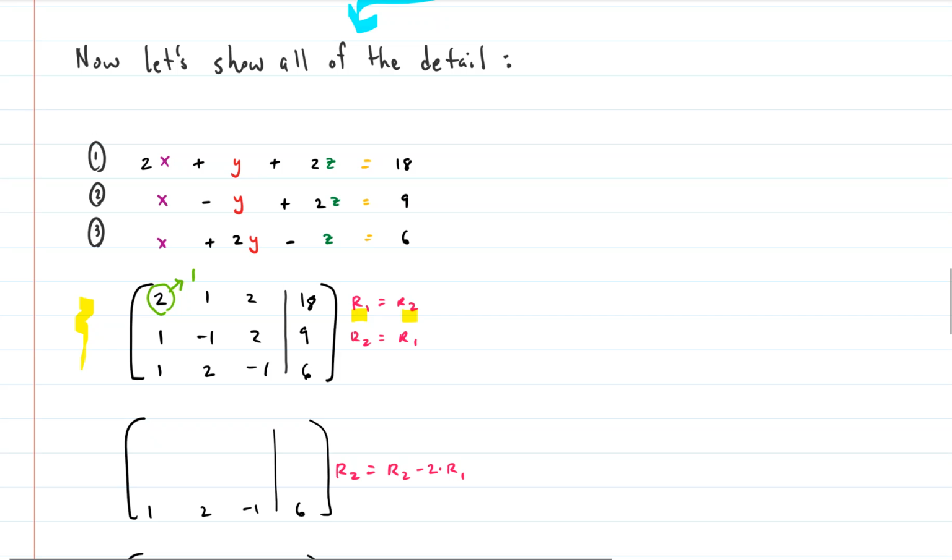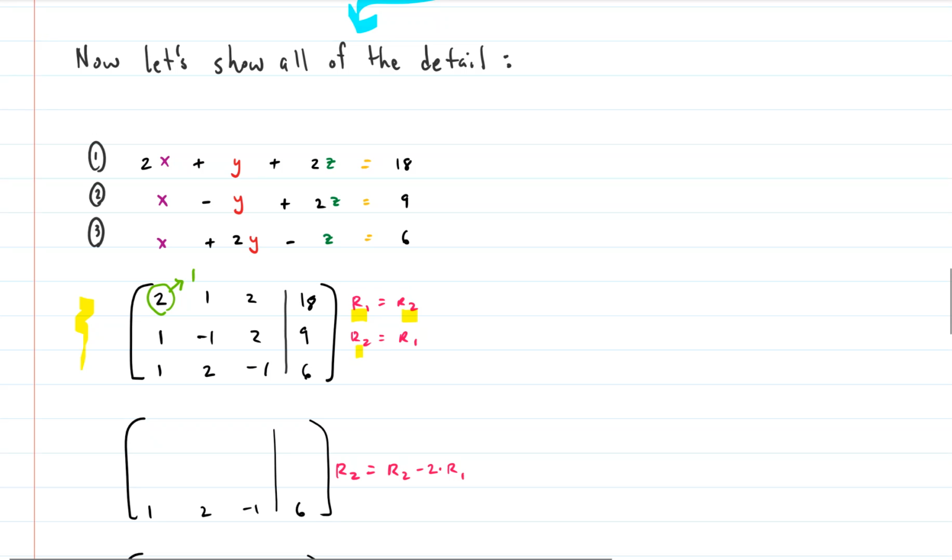So that first element needs to be a 1. I could just multiply everything by 1/2, but I think it's easier to swap rows 1 and 2. So row 1 is going to be equal to row 2, and row 2 is going to be equal to row 1. Let's do that in the next matrix.